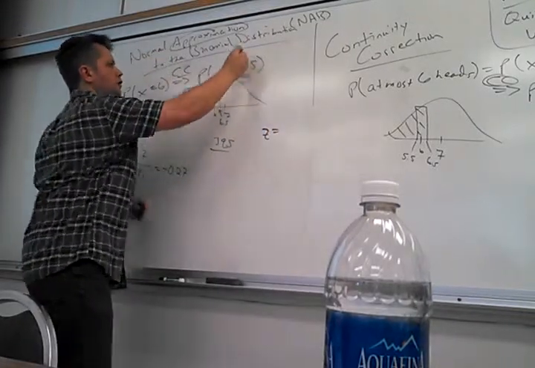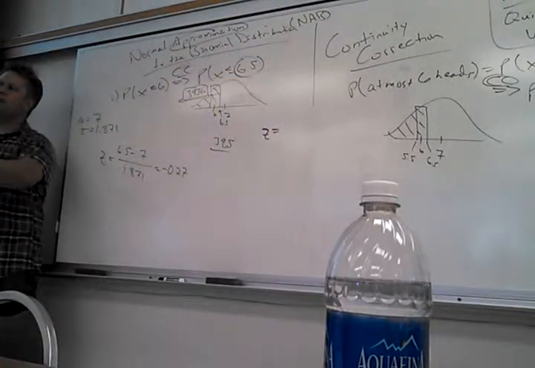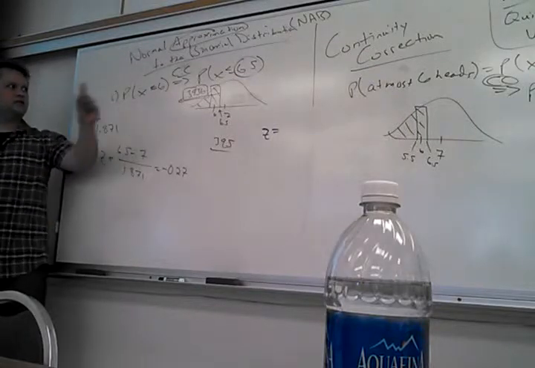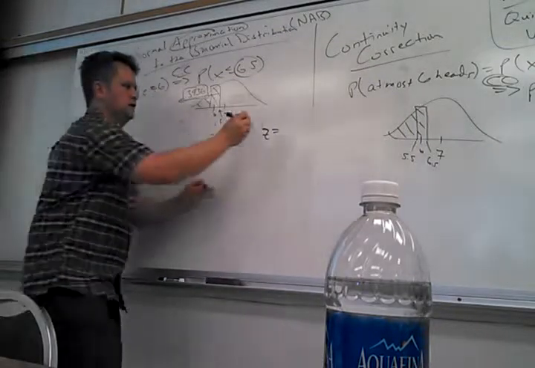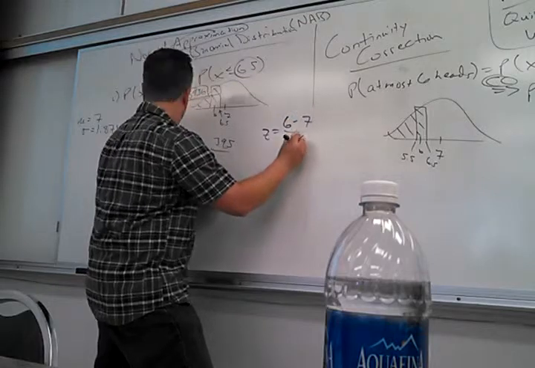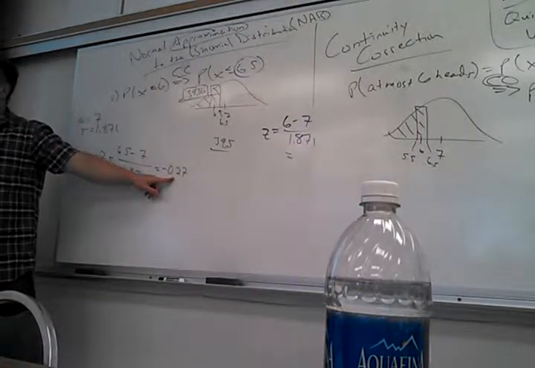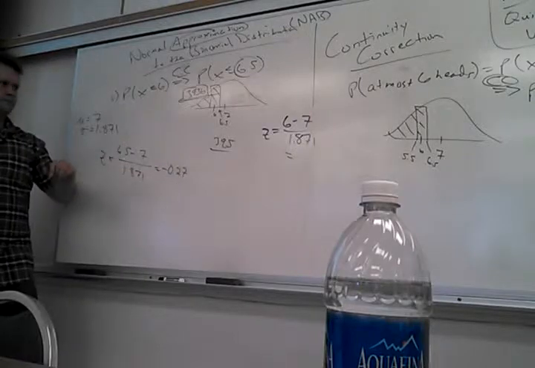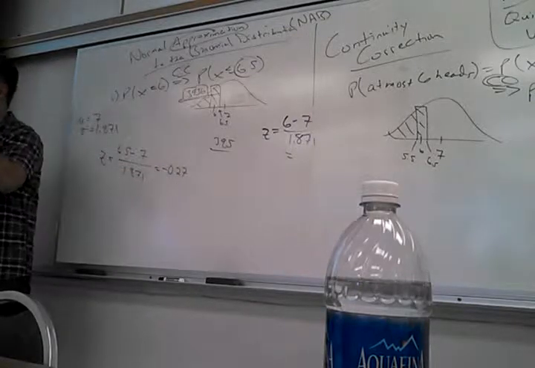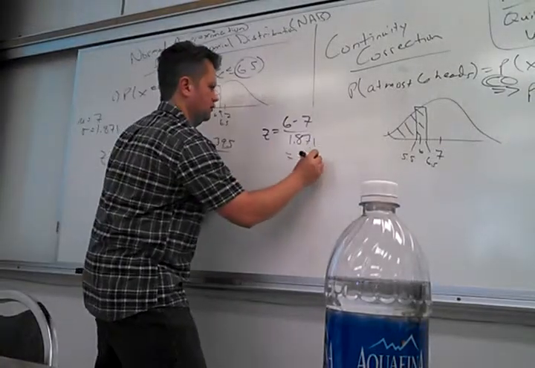So if I would have forgotten to do this, everybody with me? If I would have forgotten to apply that continuity correction, if I would have used 6 instead of 6.5, my z-score would have been whatever that is, so twice this really, so negative 0.54. You just take my word for it, you can check me, you never know.